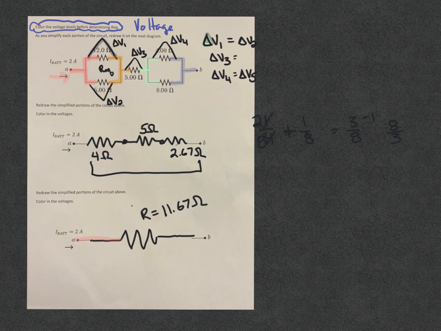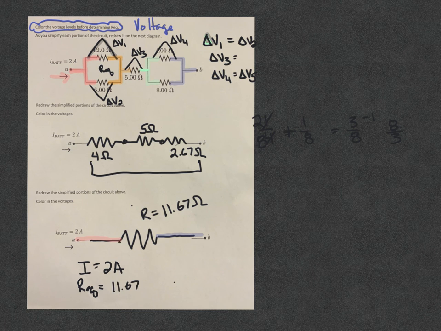And believe it or not, we can go back to our voltage, and I've been using a highlighter for that. Here's my high voltage, here's my low voltage. And this one resistor, if someone said, can you do analysis of the whole circuit, you would say, sure. From point A to B, we have an I of 2 amps. We have an equivalent resistance of 11.67.